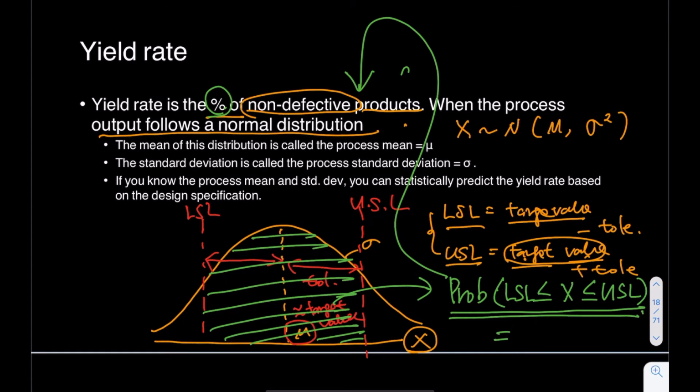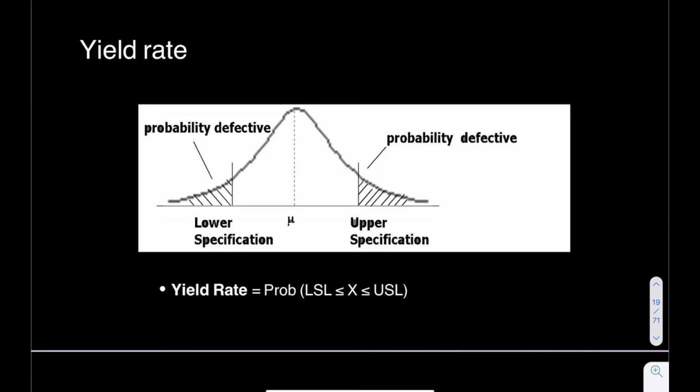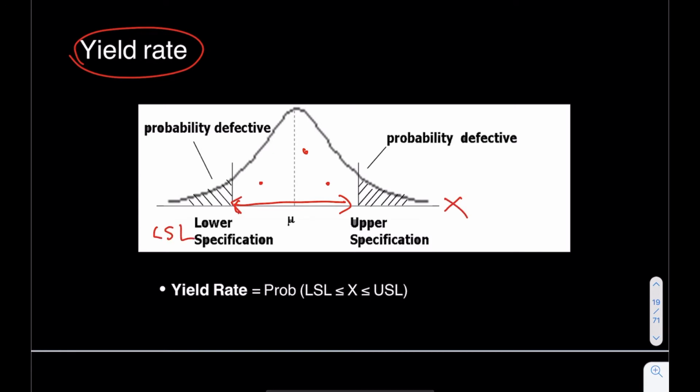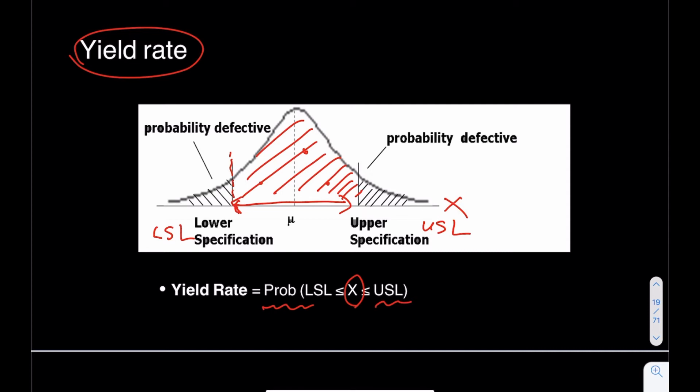This area is called the yield rate. In summary, the yield rate is the probability when a product is not defective, that is, when the product output is between the lower specification limit and the upper specification limit. So the probability when X is between LSL and USL is this red area. That is the yield rate.